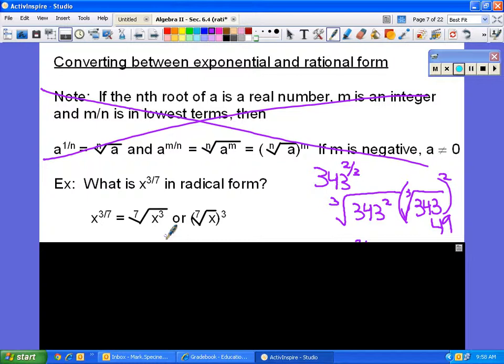Now, for me, this is really hard. 343 squared. I don't know if you can figure this out off the top of your head. You're a better mathematician than I am. Okay, what is it? It's a whole number. It's a really big number.